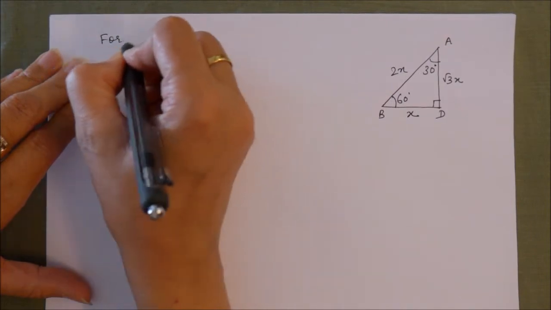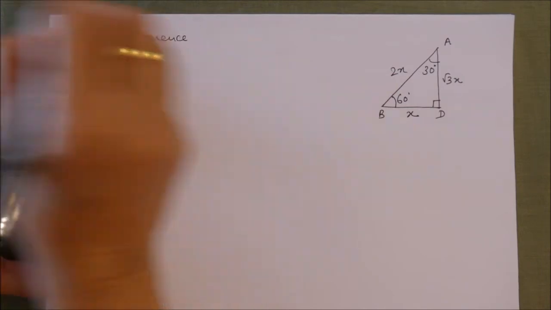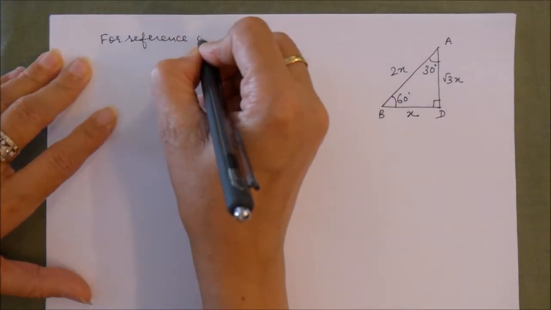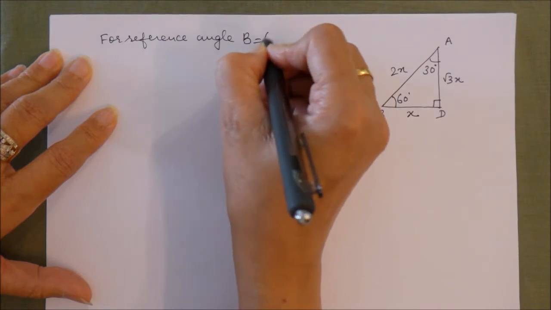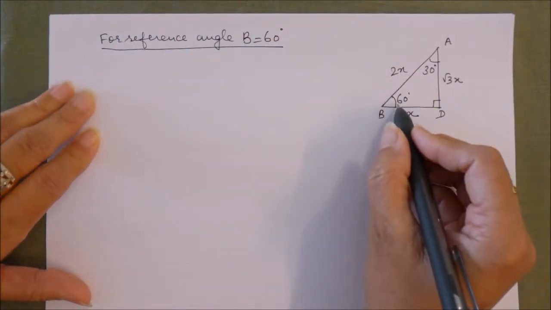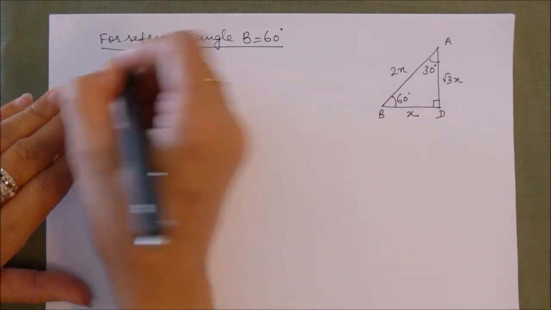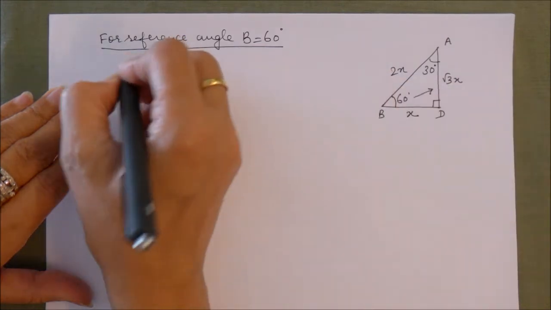For reference angle B, 60 degree, opposite to 60, the side is AD, root 3x.